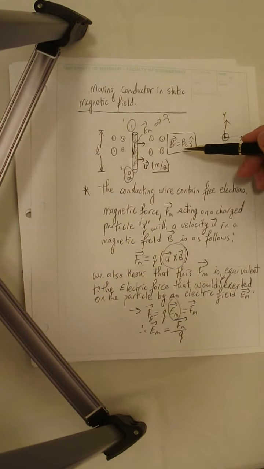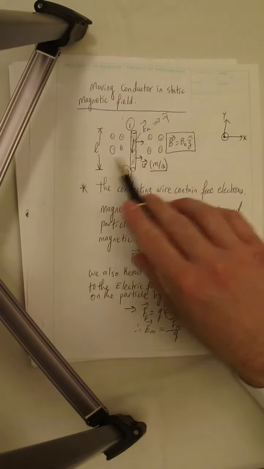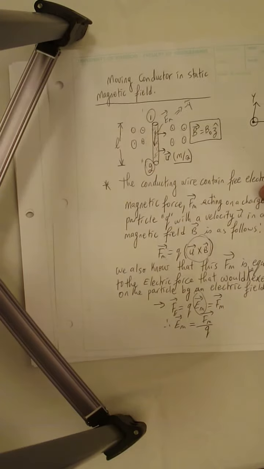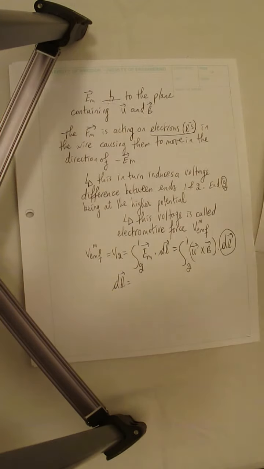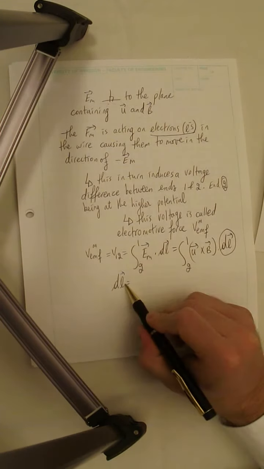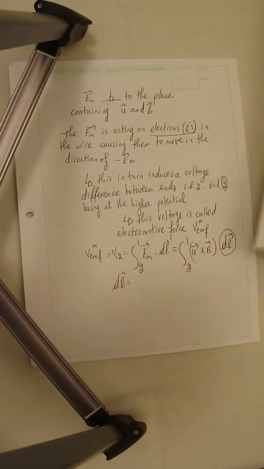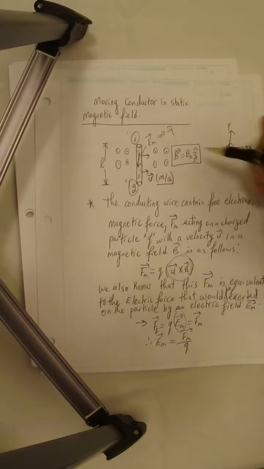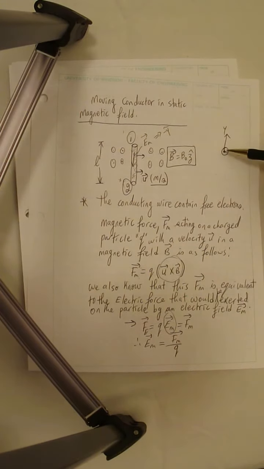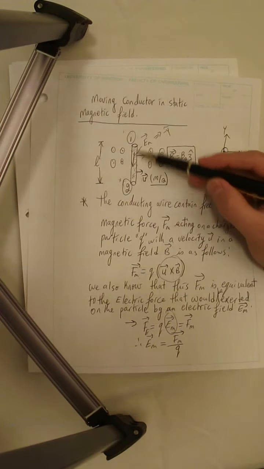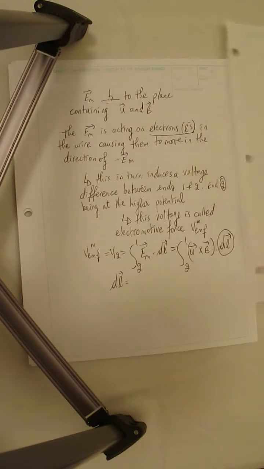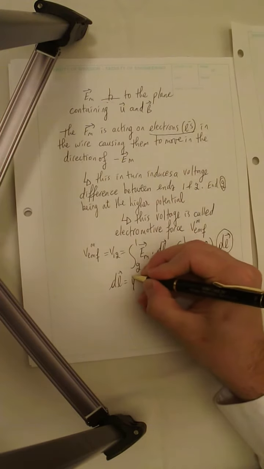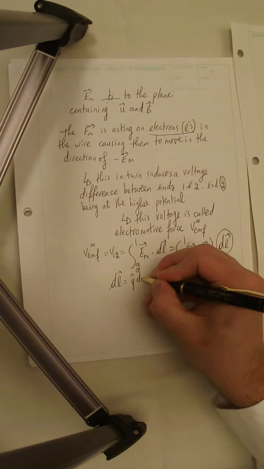Everywhere else there's no electromotive force, and due to that the V_EMF only exists in the rod, in the y direction. So dl is really equal to dy in the y direction.